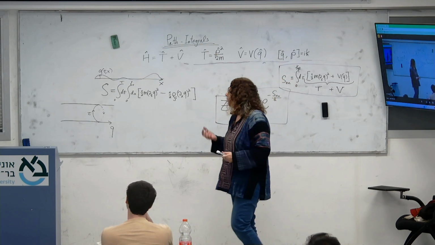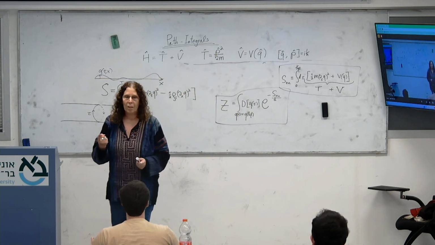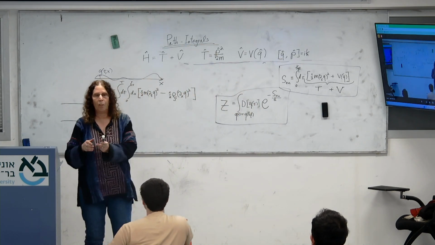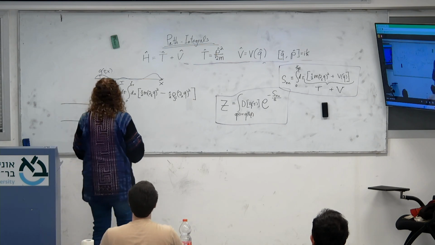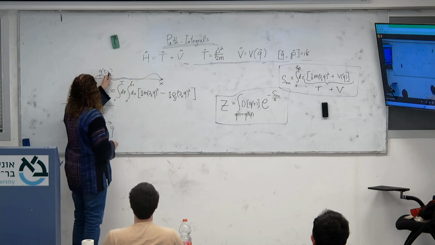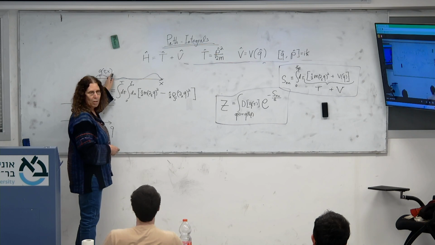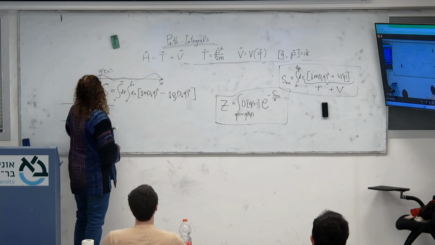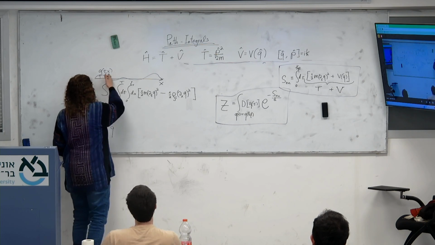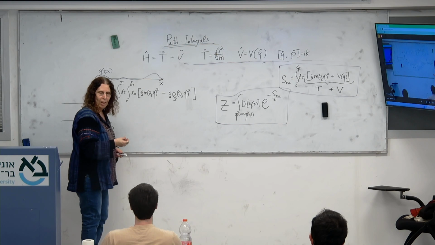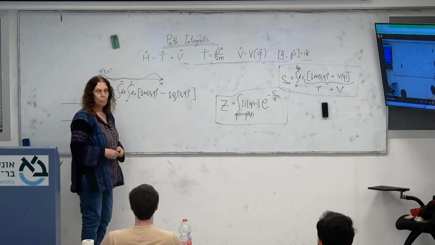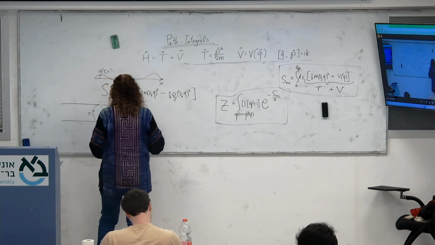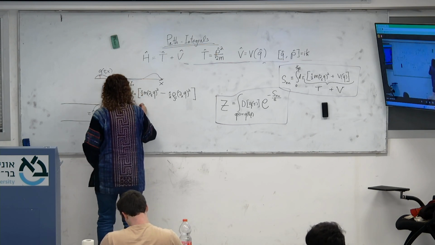So instead of having just one q that is a function of t and I change t to tau, now q depends also on another variable, a space variable x, but for each x I have a q of t and I map the q of t to q of tau. Okay?